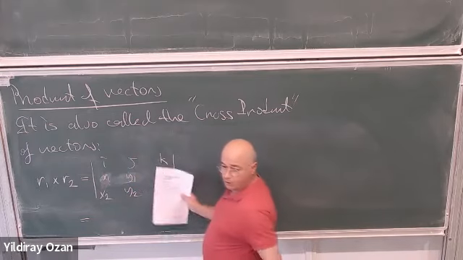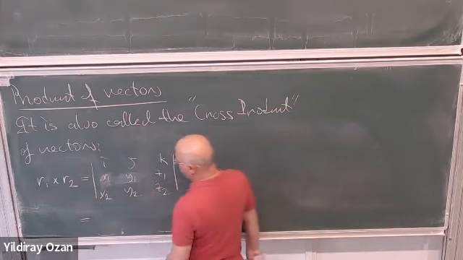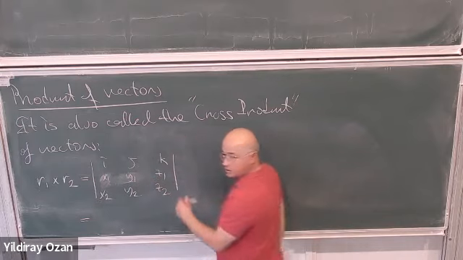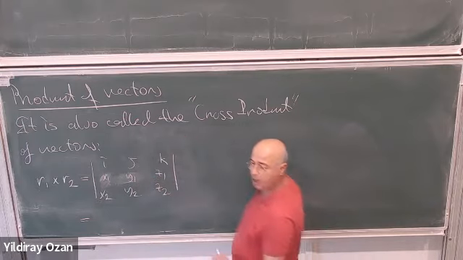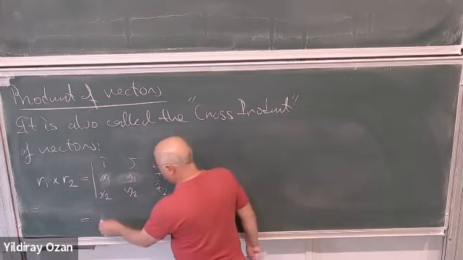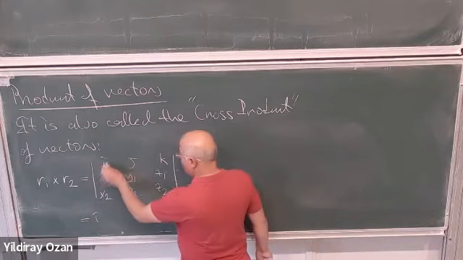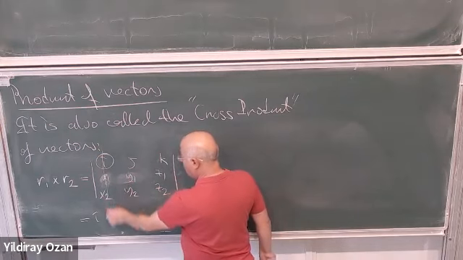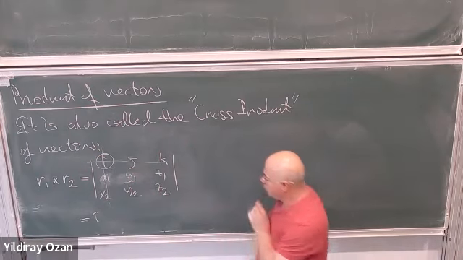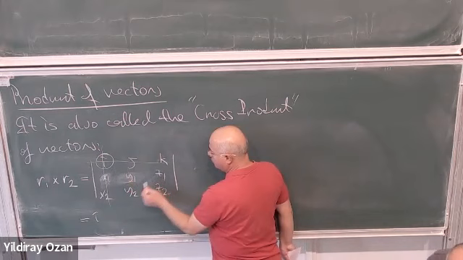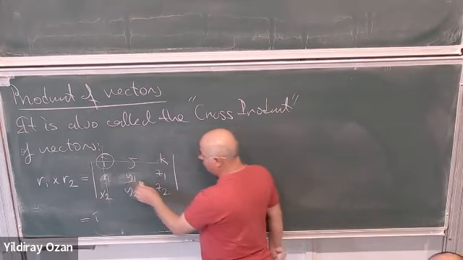You take the determinant of this 3 by 3 matrix, as if these are just numbers. So you get i times, I cross the first row and first column, then take the determinant of the remaining 2 by 2 matrix.